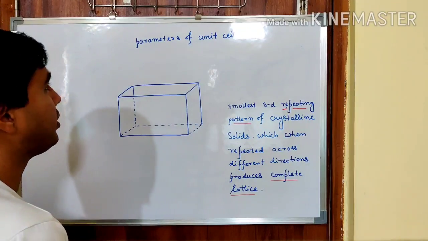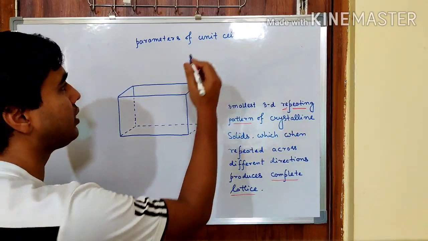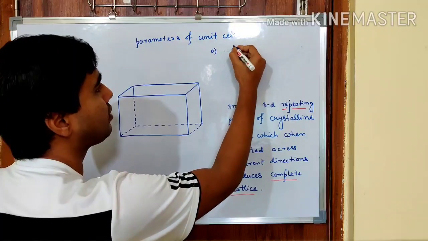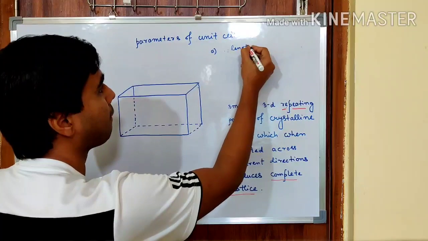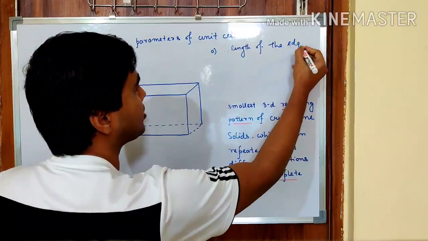So let us see the parameters. In the parameters, there are two things. First is the length of the edges.